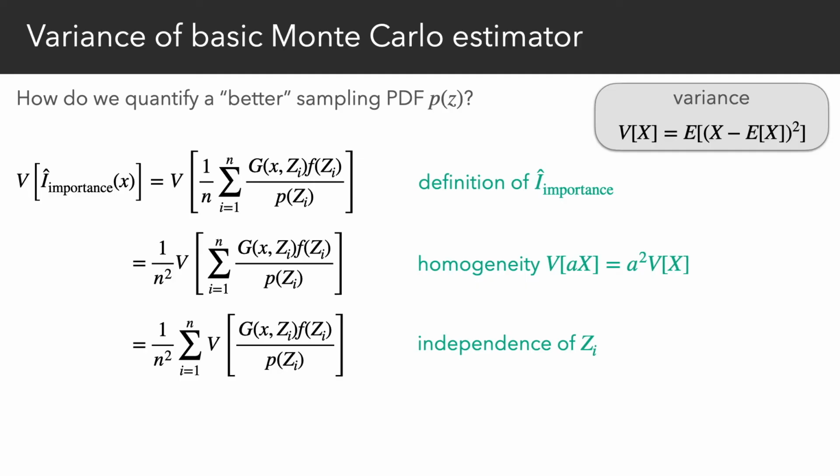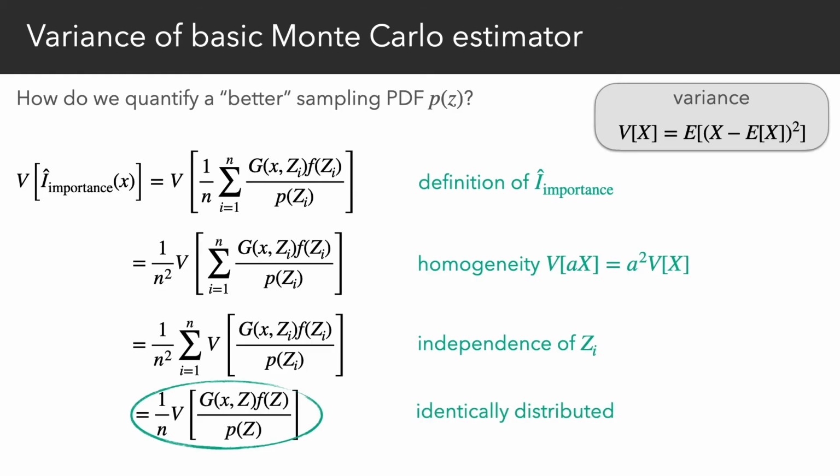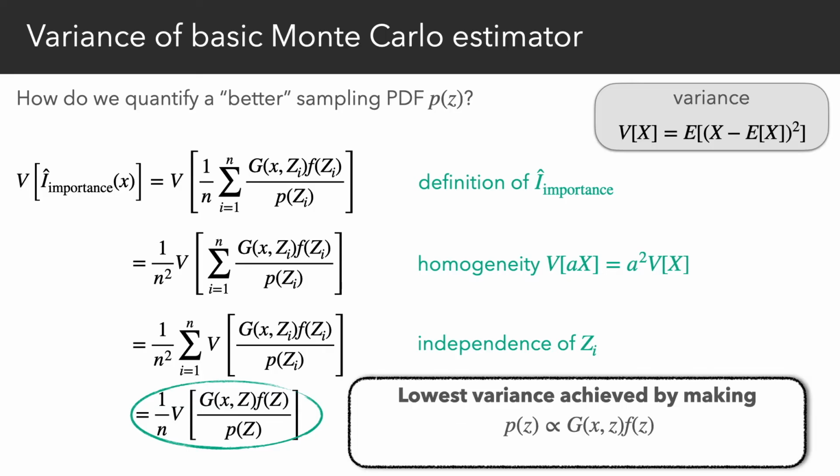Since each sample is identically distributed, the sum can be further simplified, and we can see that variance really only depends on the variance of this inner term over the random samples. Notice that the only factors that we can control in this expression are the number of samples n or the sampling strategy p. The sampling strategy which will minimize variance is the one that's most proportional to the integrand. So mathematically, we can see now why sampling proportional to the integrand has the lowest variance.